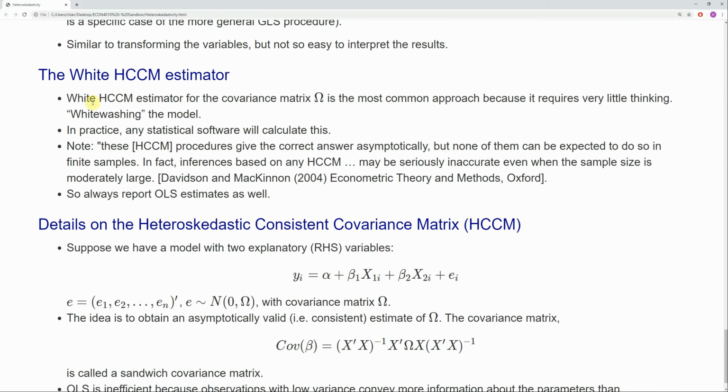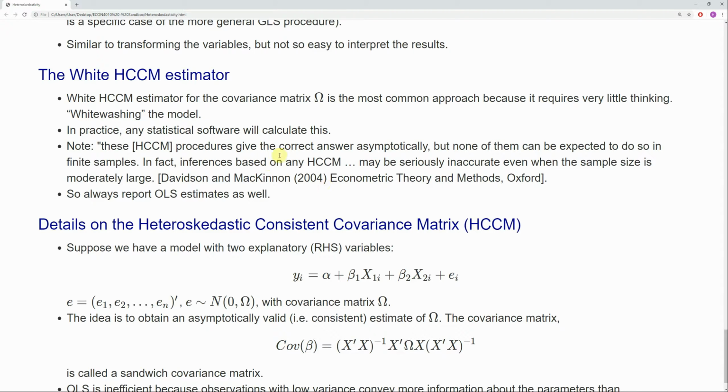So using the White HCCM estimator to some extent could be like whitewashing, especially if you have a low number of observations. Usually these frequentist solutions work well when you have asymptotic situations.